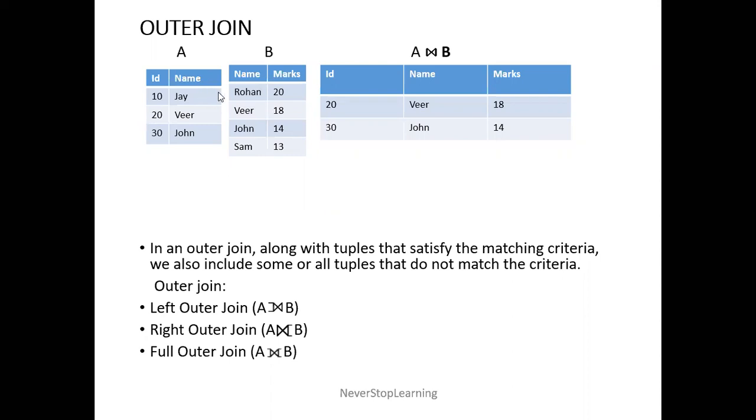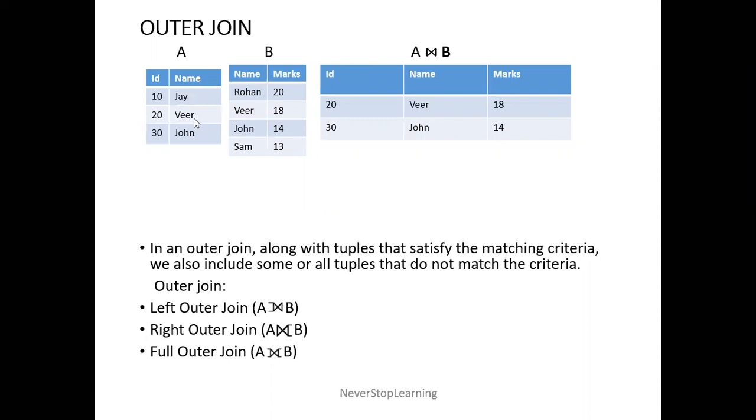So name is the common attribute between these two tables, with the same name and the same domain, both taking strings. So we are allowed to apply natural join on these two tables.